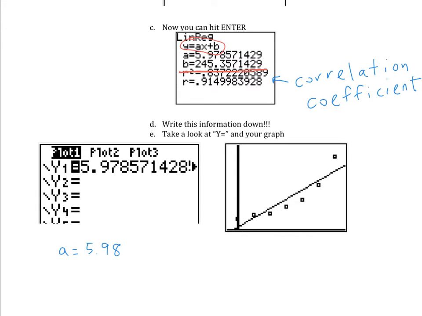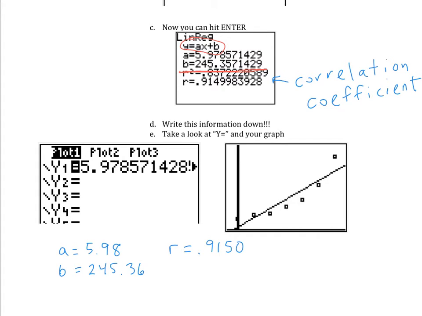We're rounding to the nearest hundredth. Our b value is 245.36. And our r value, our correlation coefficient, we round to 4 decimals. So our r value is 0.91. Rounding to 4 decimals is going to be 50.